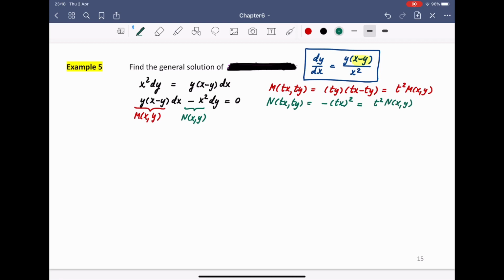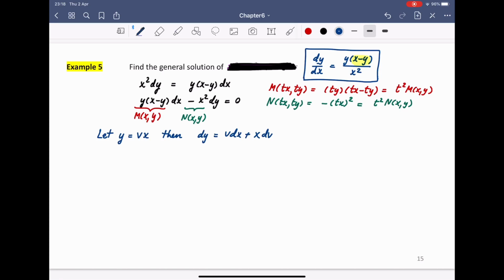So this is also homogeneous of degree 2. So this is actually a homogeneous differential equation. So now once you know that this is a homogeneous differential equation, you have to do a substitution. So let y equal to v times x. Then what you have is dy equal to v dx plus x dv, right?